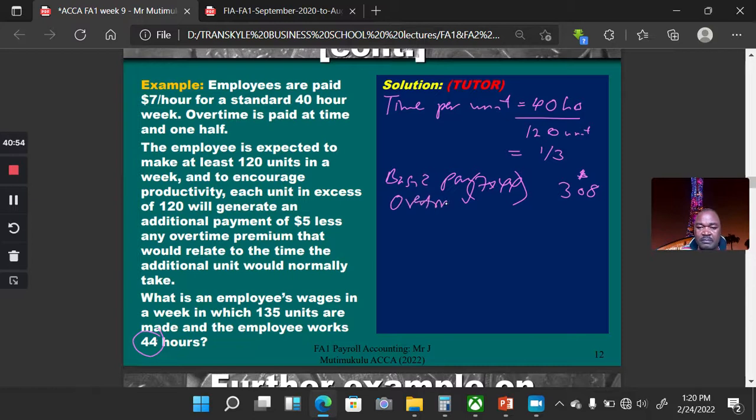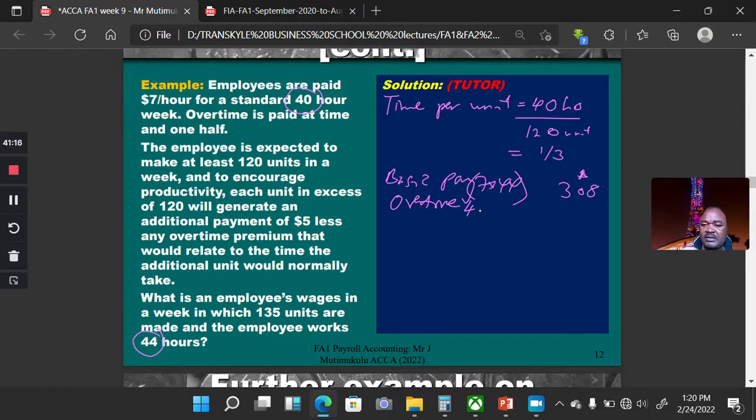How much was the overtime, and how do we get there? We are told that a normal week is 40 hours. But in this particular week, they worked 44 hours, so there was an extra 4 hours.